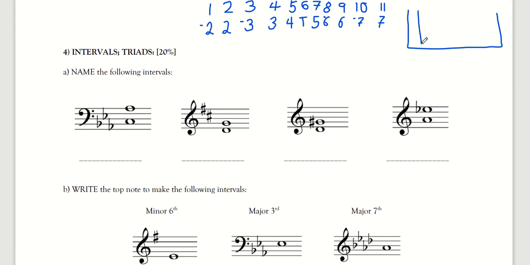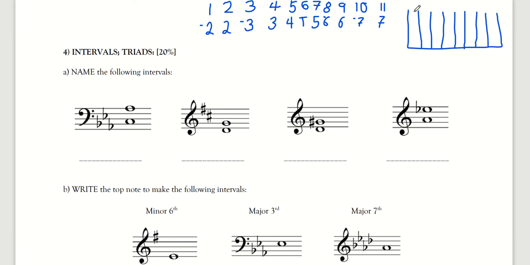I'm going to draw, very roughly, a piano keyboard. If you're a piano player or know how to play the piano, this is always a good method of counting out the intervals. And even if you're not a piano player, I'd recommend learning the basics of the keyboard, just so you can have this visual representation of all the notes.